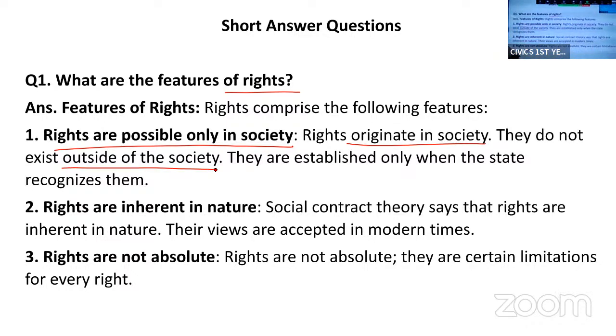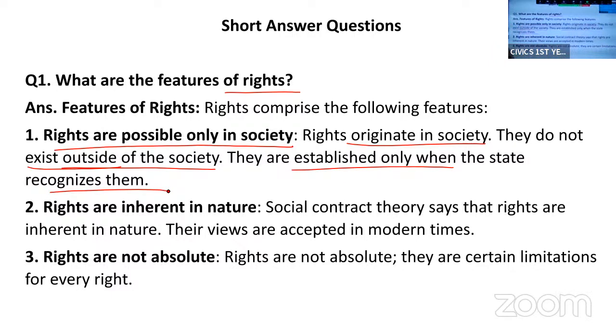See, if you are left alone in an isolated place, will you have any right? No. When you are living with people in a society, then you will have a few rights. So rights originated in the society and they don't exist outside society. They are established only when the state recognizes them.